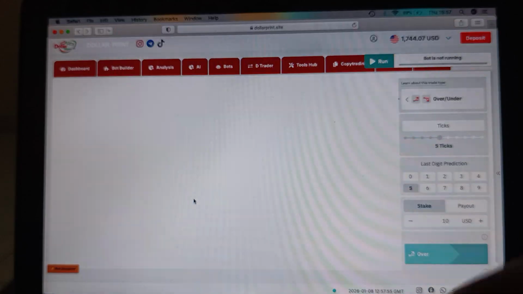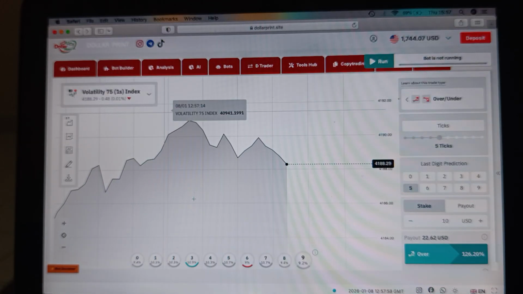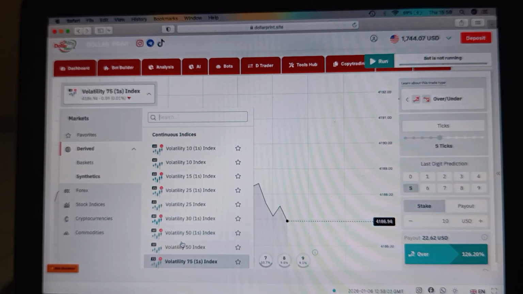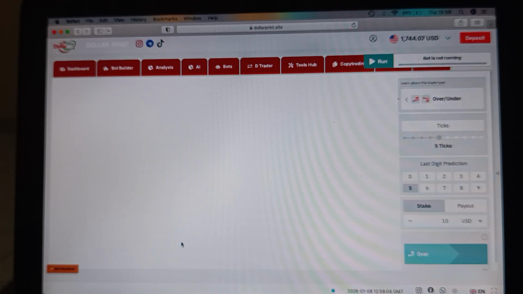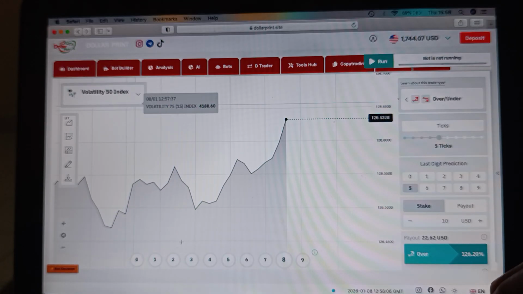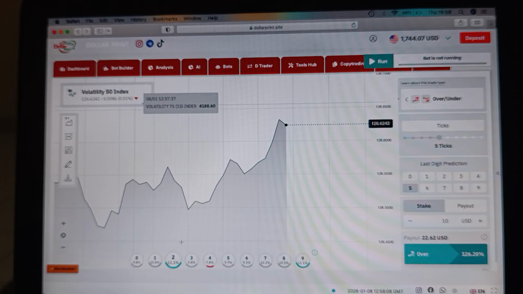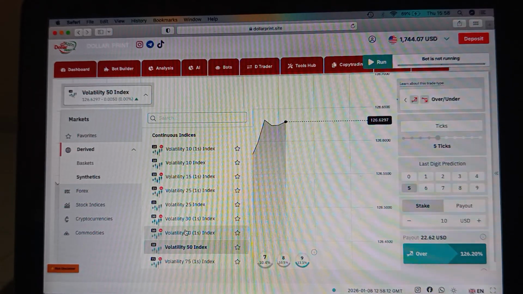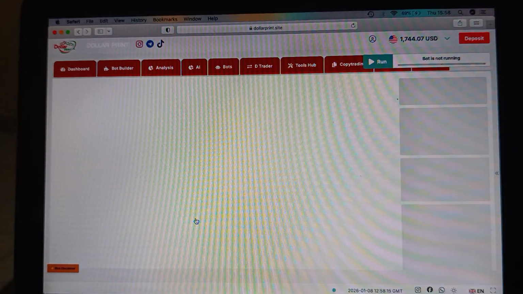Once you practice it, you'll grasp everything about the percentages. And the other thing about this strategy is that the percentages will never change. What changes is the entry point, but sometimes the percentage can't change, guys.